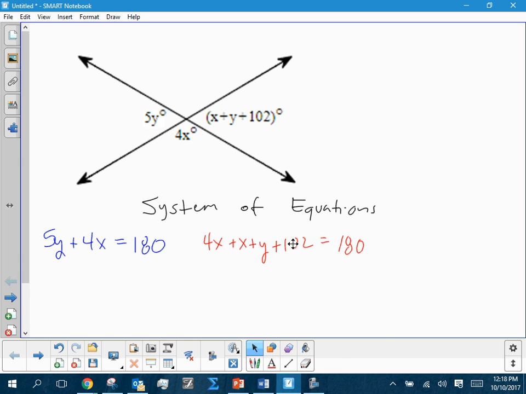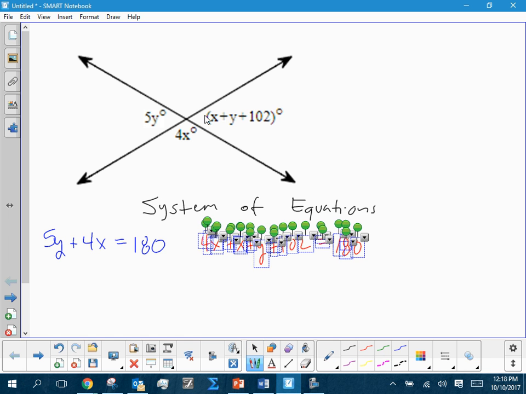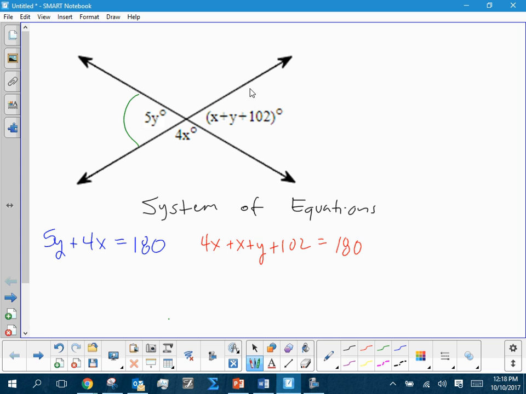Now, what I suggest, and because you could have seen this in a couple questions yesterday, I don't think it happens in this one, but I'm going to look at one more relationship, because there should be something here, right? What do we know about those two angles? What type of angles are they? Vertical, and they should be congruent. Okay, so I'm going to say 5y equals x plus y plus 102.